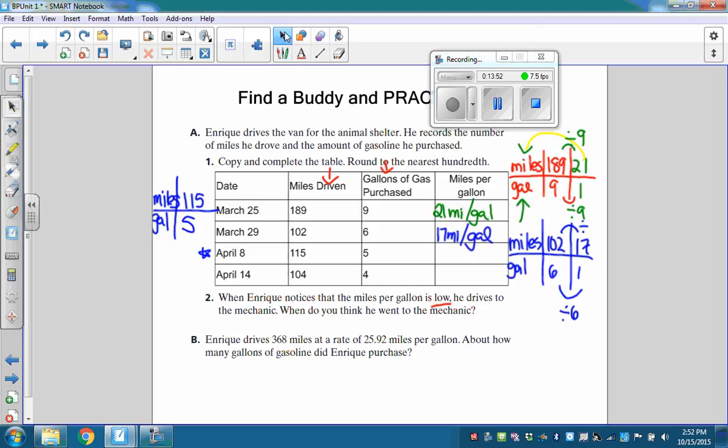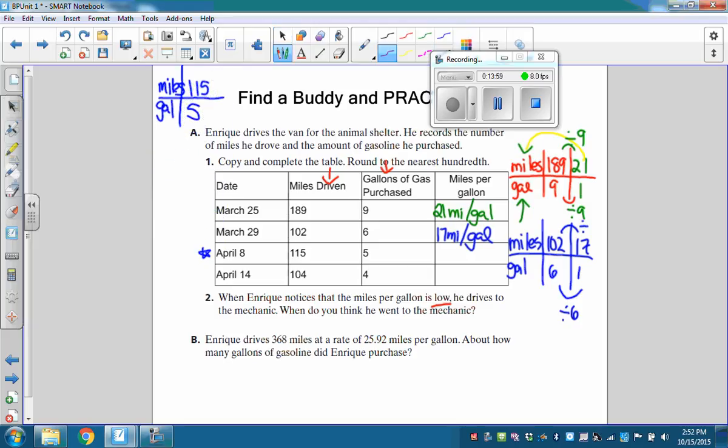And then I need to get to what? I want to get to 1 gallon. So Anderson, divide by what? 5. And when I divide by 5, that would equal 23. Good job, 23 miles per gallon.